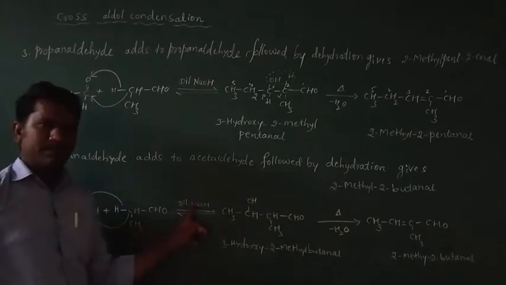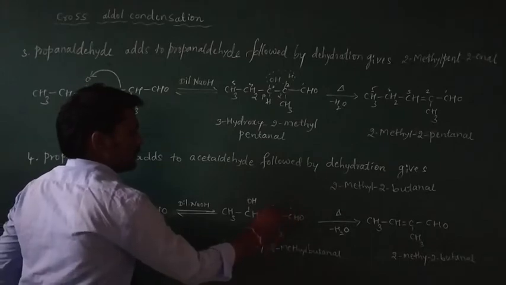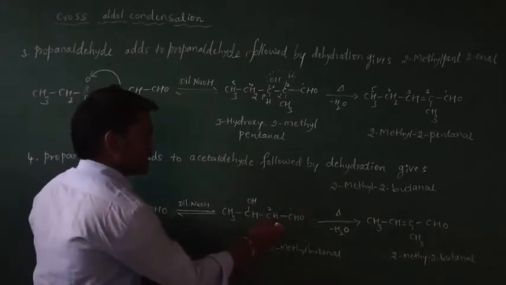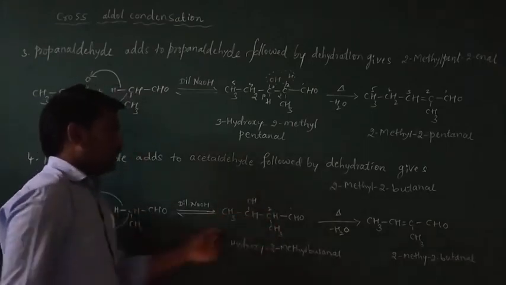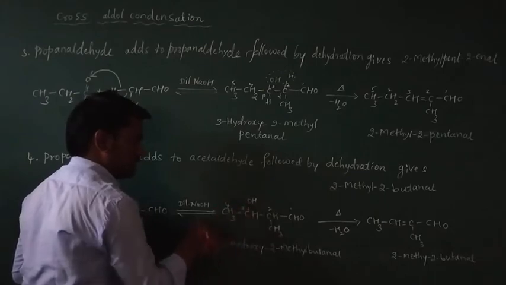In the presence of dilute sodium hydroxide, this forms a beta hydroxy aldehyde with carbon numbers 1, 2, 3, 4.